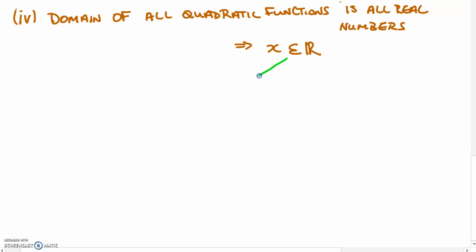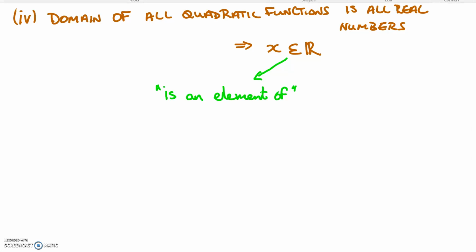Well, this one means is an element of. Okay, so x is an element of, a member of, an example of. And this symbol here, this R with the line down the left hand side, stands for the real numbers.